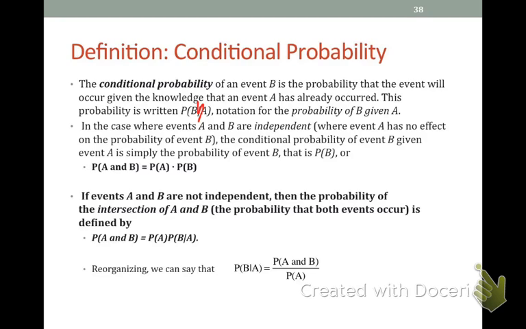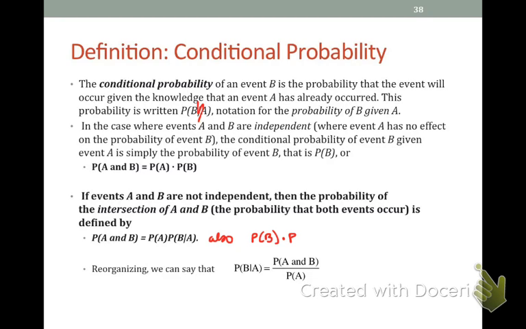Probability A: what's the probability of rolling a 4? 1/6. Probability of B: what's the probability of rolling a 6? 1/6. Do you see how it doesn't matter what the first one was, because they're independent events? So the probability of A and B is just the probability of A times the probability of B. They're unrelated, so that's your probability.